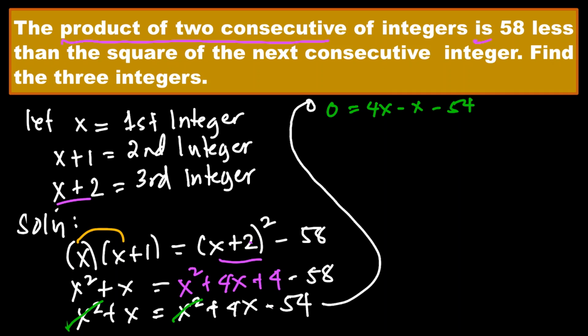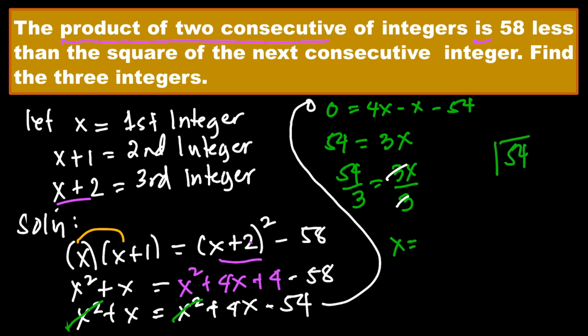And transposing 54, this will give us 54 equals 3x. So we divide 54 by 3 and 3x divided by 3. So we have x equal to 54 divided by 3, which is 18.